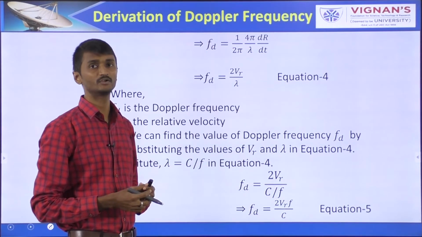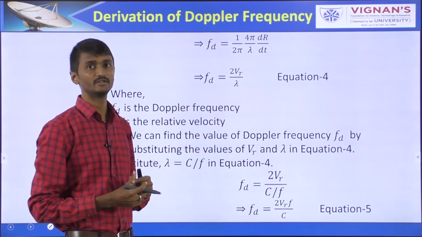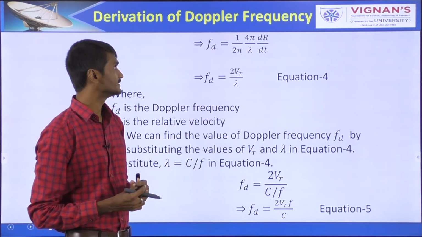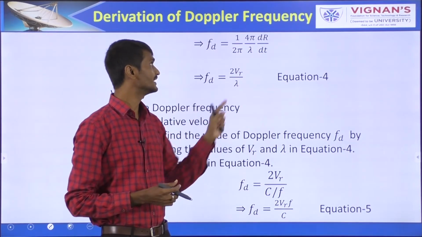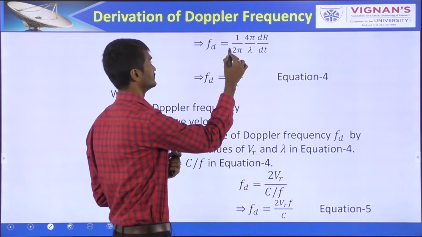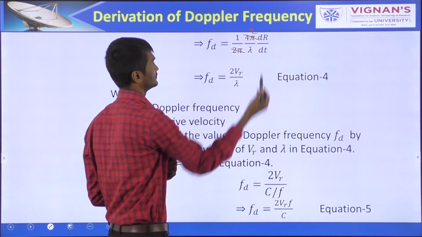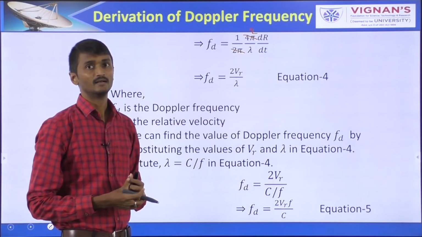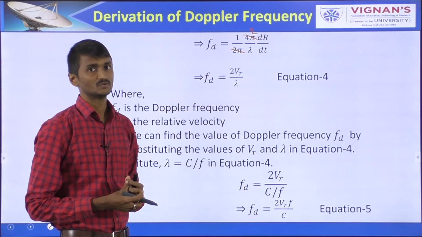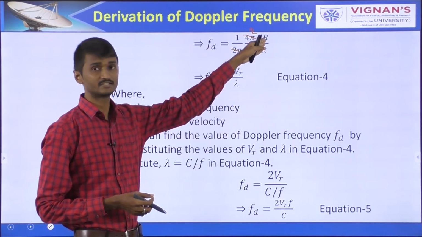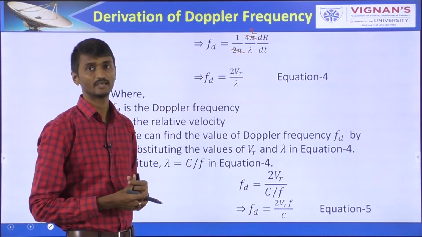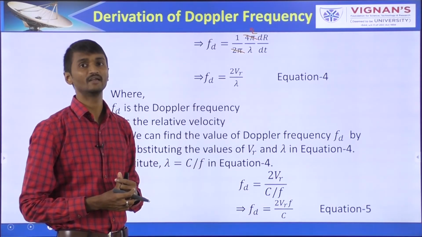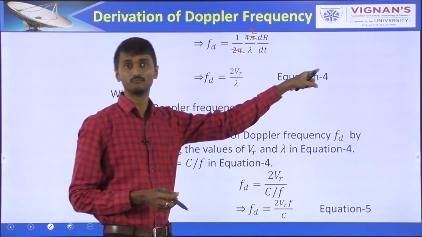From that, fd equals 2 vr by lambda, where dR by dt is nothing but the relative velocity, because it is the rate of change of distance with time. Now fd equals 2 vr by lambda. That will be considered as equation 4.